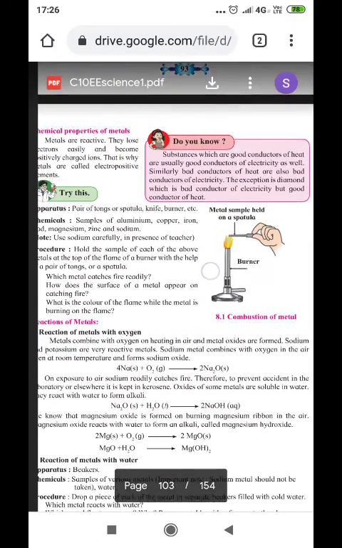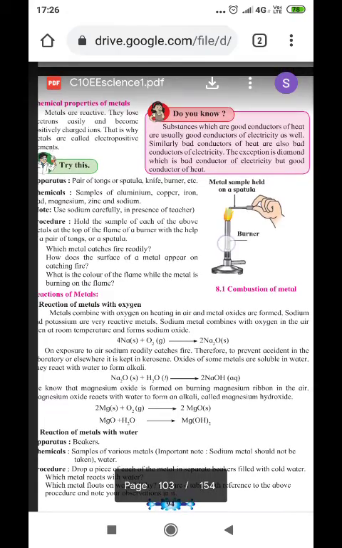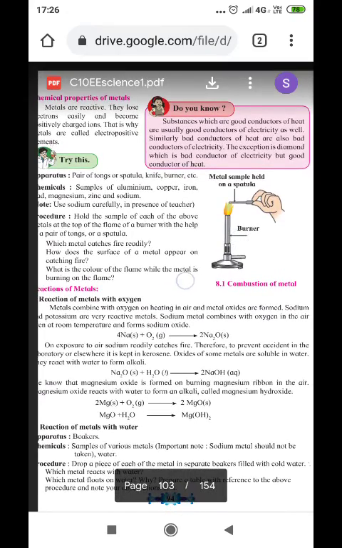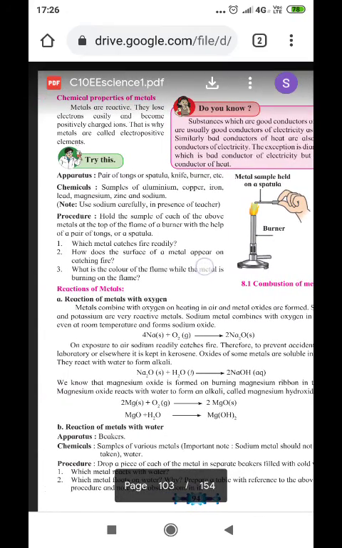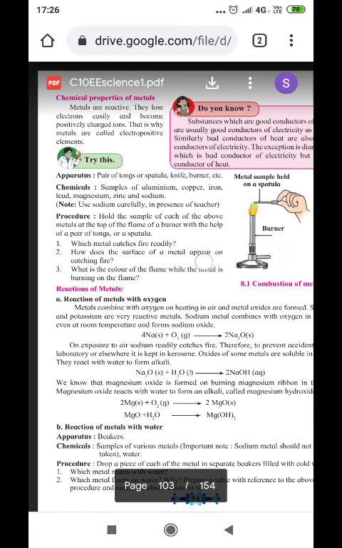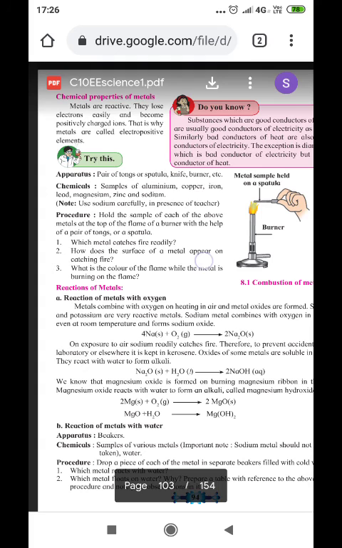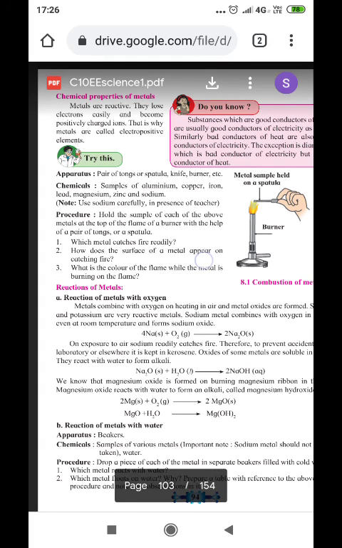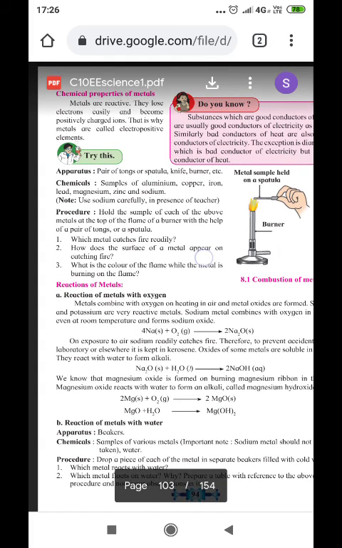Now, we'll move ahead with the subtopic chemical properties of metals. Metals are very reactive. They lose electrons easily and become positively charged ions, and that is why metals are called electropositive.